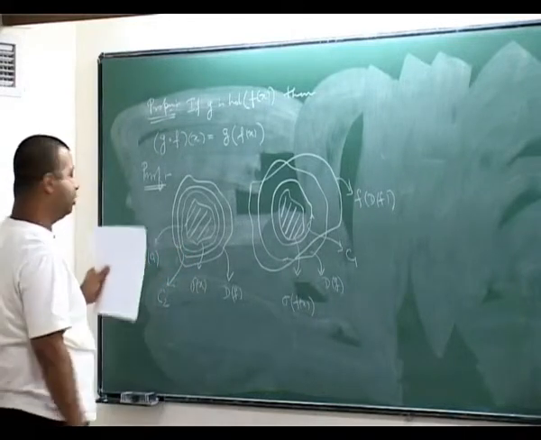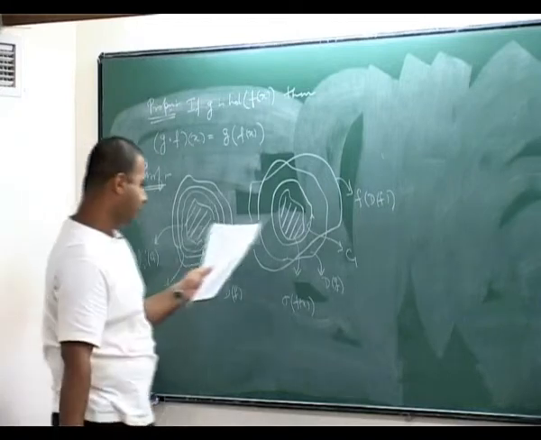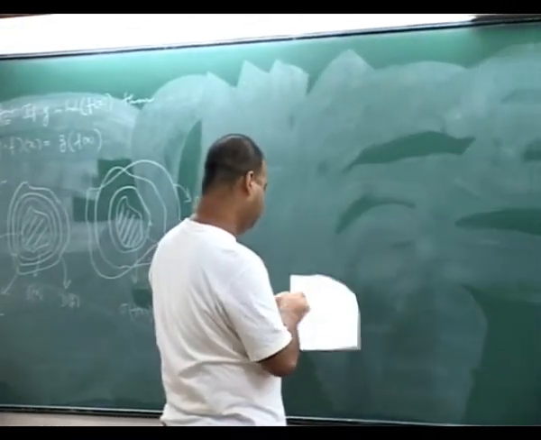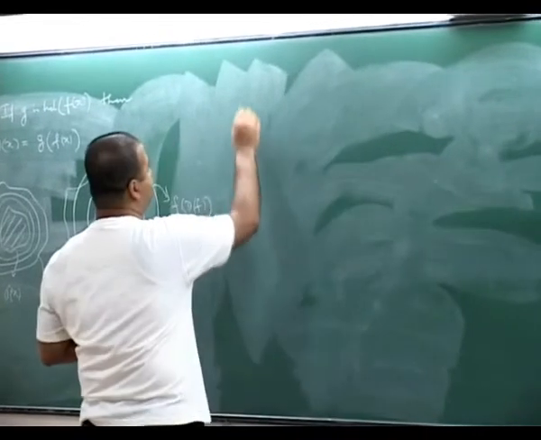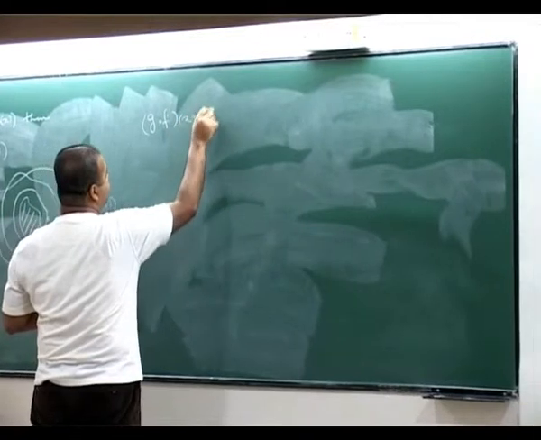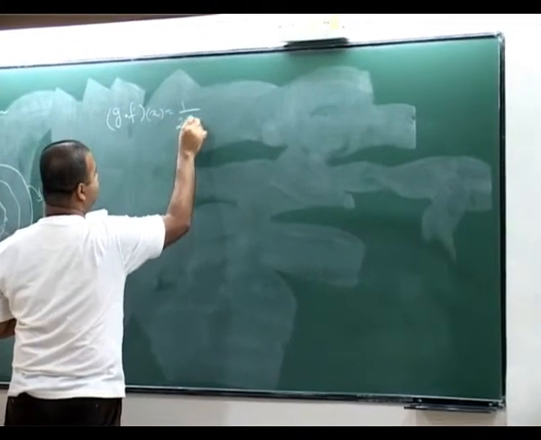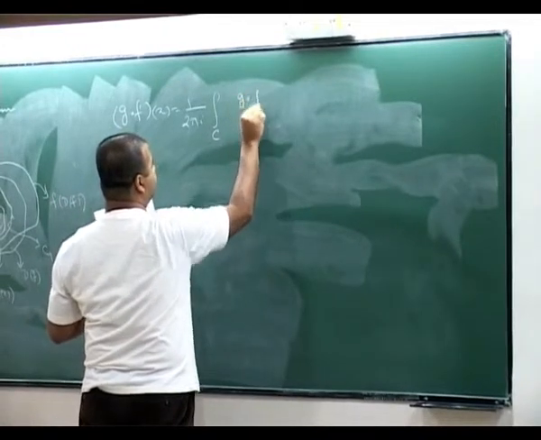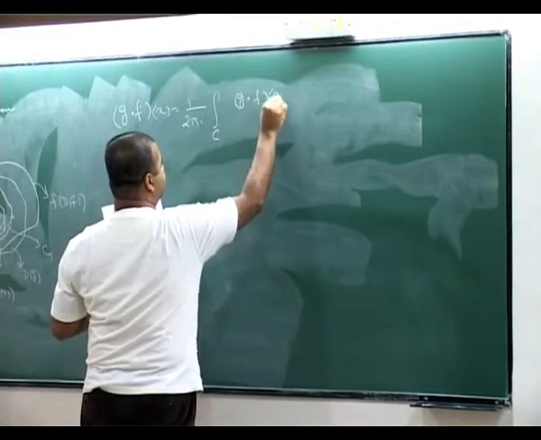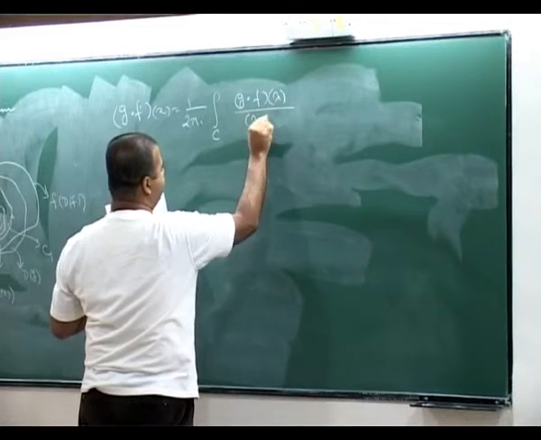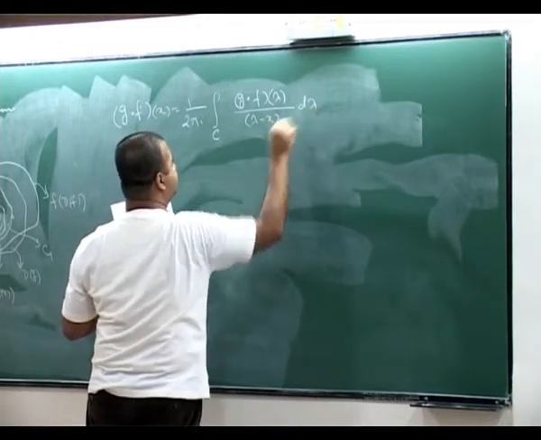So C2 encloses f inverse of C1. Then you start computing, and instead of writing lambda minus x inverse, I will write lambda minus x like that.